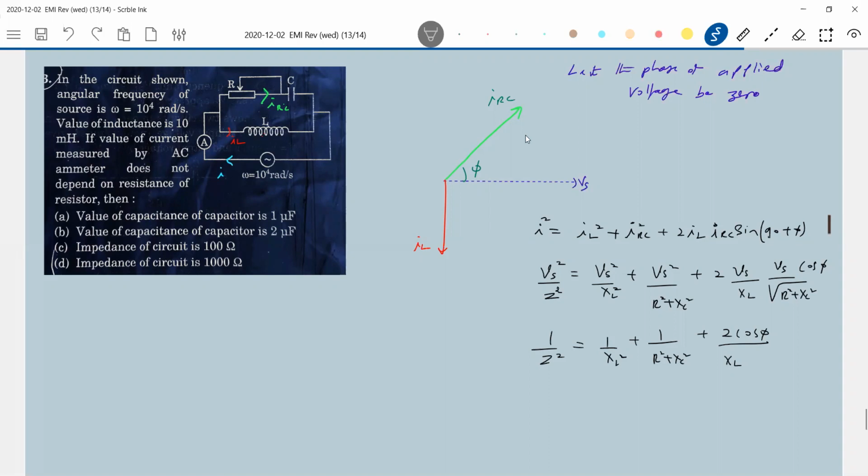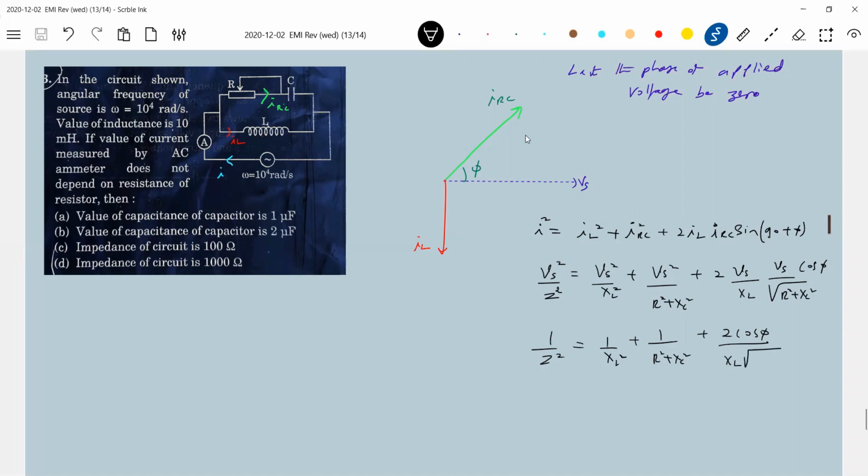Let it be this one. I'll substitute the cos phi value. Cos phi, in terms of anything can we write cos phi? Only the separate phase angle we will write. This is R, XC, let this be phi.